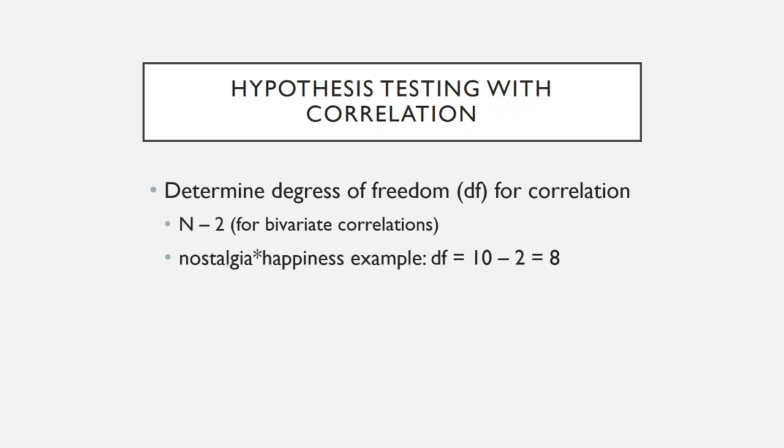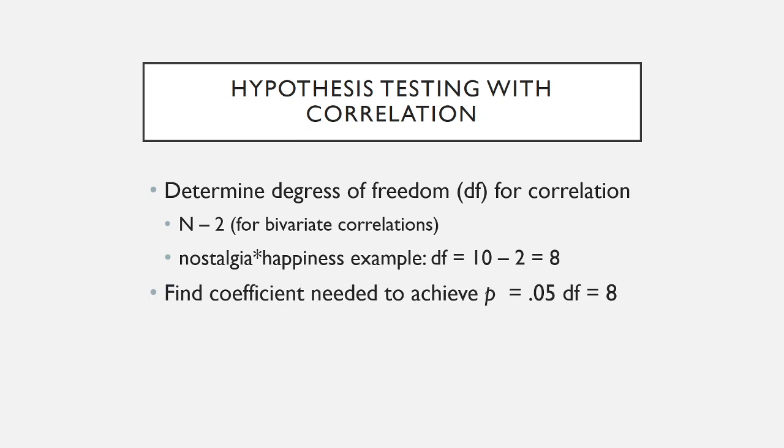The 1 was just standing in place for the one variable currently under consideration. Degrees of freedom in the context of correlation is going to be n, or sample size, minus 2. The 2 representing the two variables currently under consideration. So the degrees of freedom for this example, with 10 participants minus 2, you have 8 degrees of freedom.